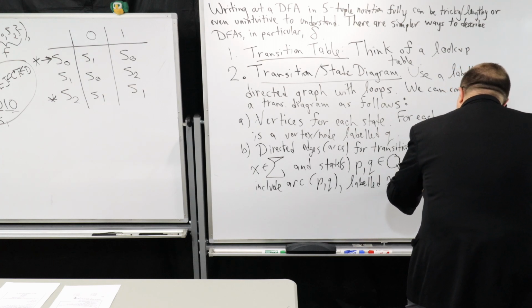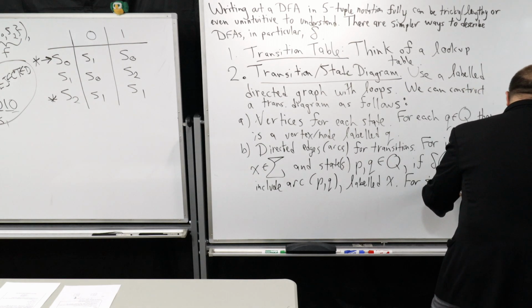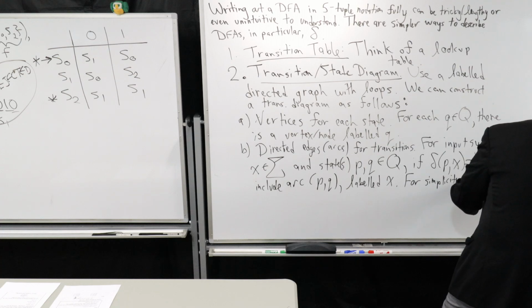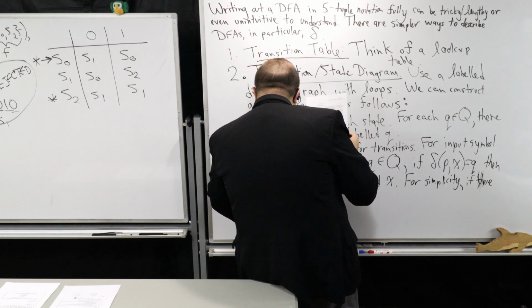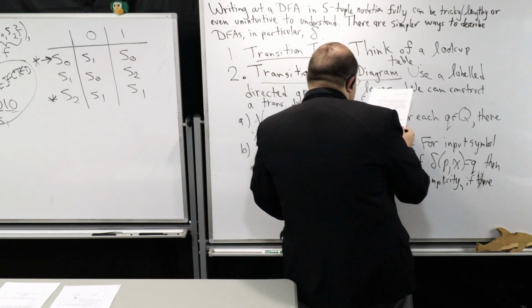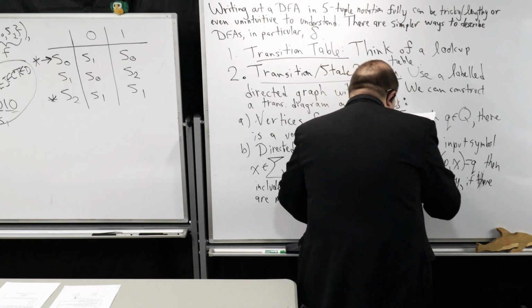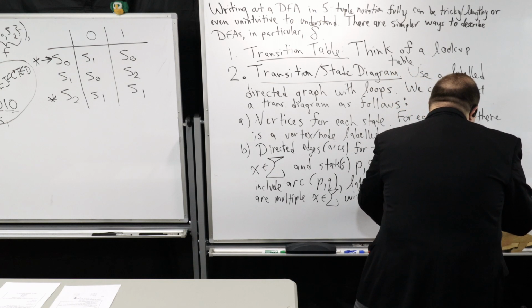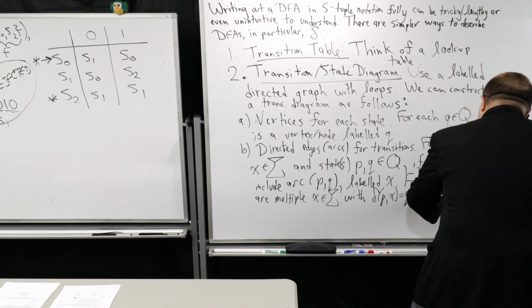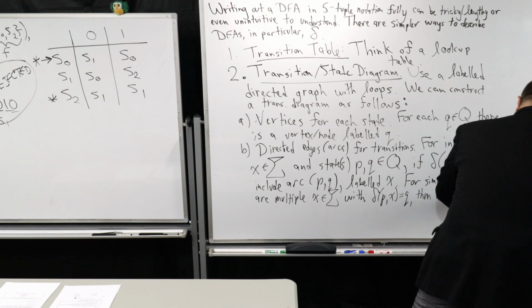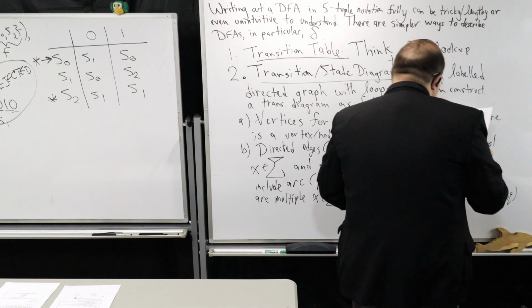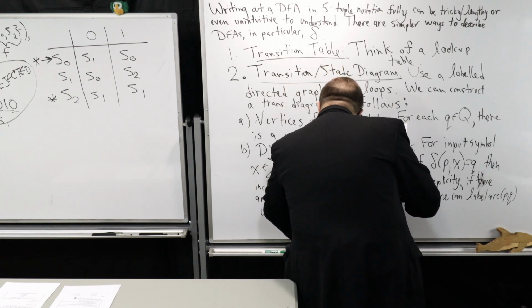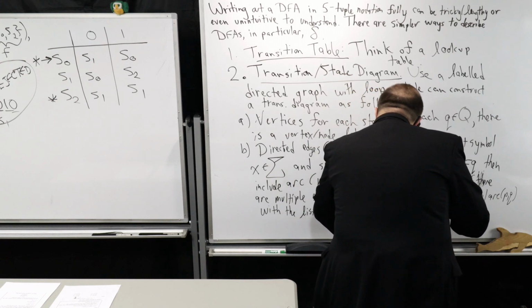Just as one remark about this, for simplicity, if there are multiple X in the set of input symbols with the transition delta(P, X) equals Q, then one can label arc PQ with the list of all such input symbols.